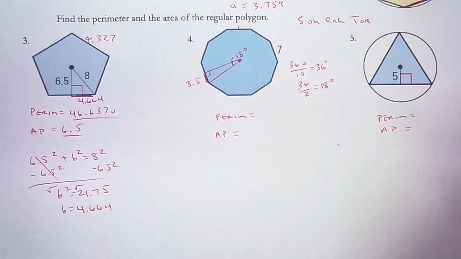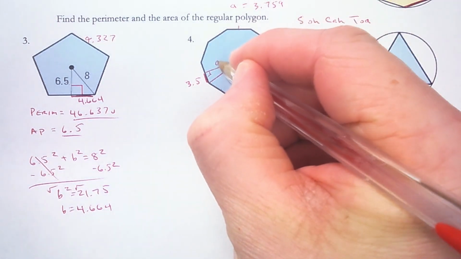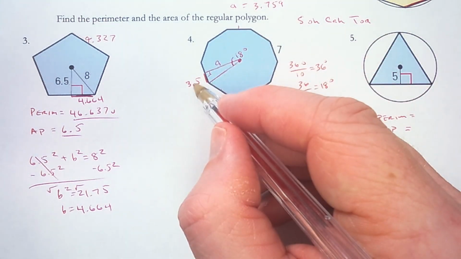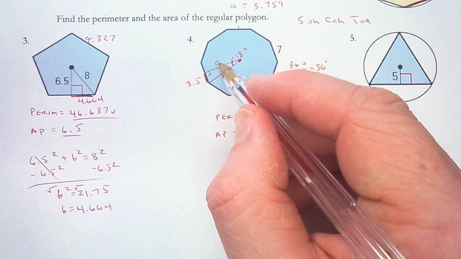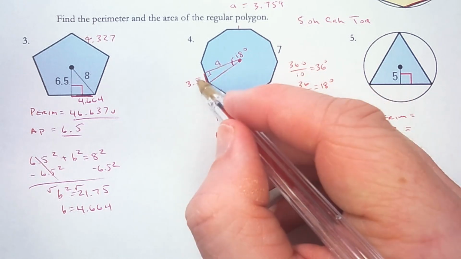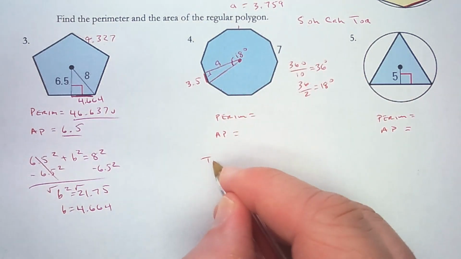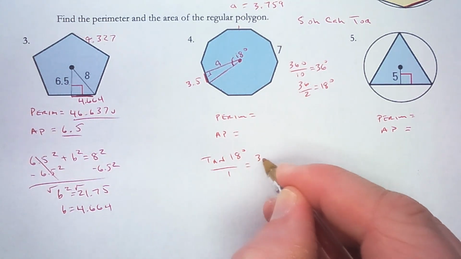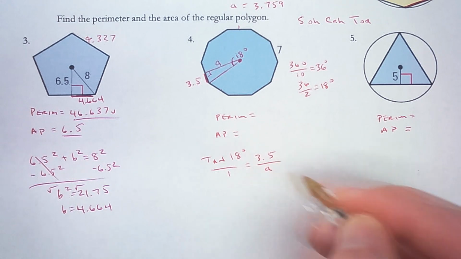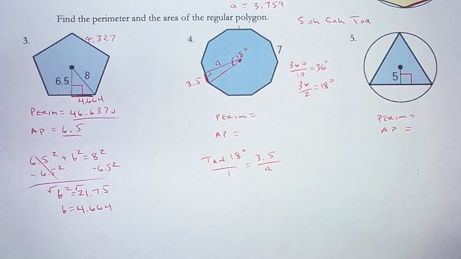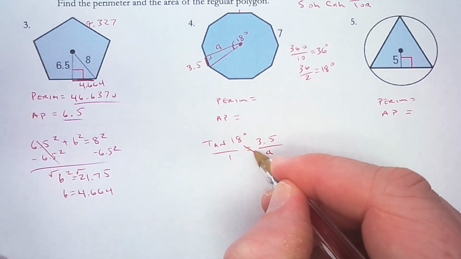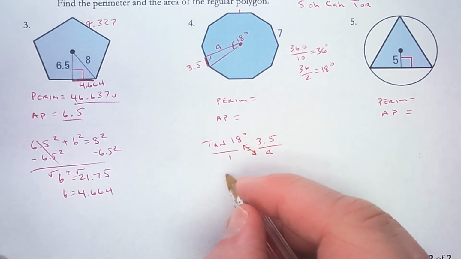Okay, now I'll use sine, cosine, and tangent to find the apothem. Okay, so what I have here is the opposite leg and the adjacent leg. No hypotenuse. Opposite and adjacent, that's tangent. So tangent 18 degrees is to 1, as the opposite, 3.5, is to the adjacent A. Now here's a case where I've got a variable in the denominator, so let's switch these and divide.